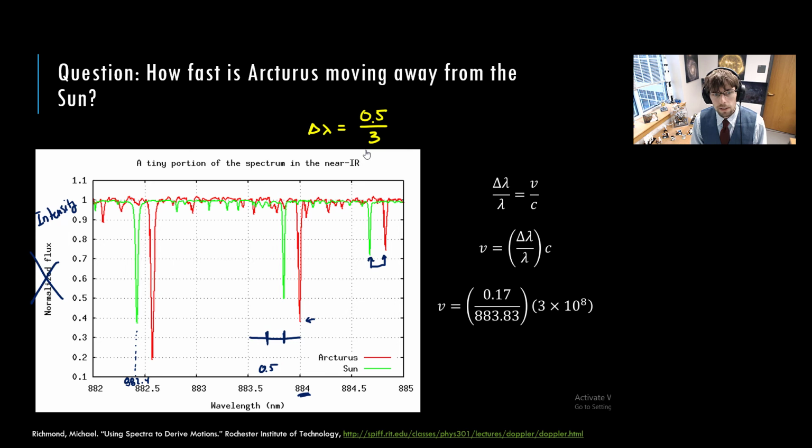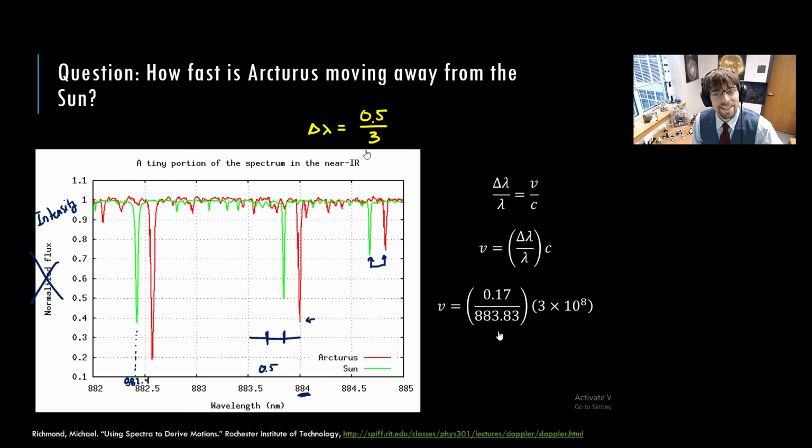Here I will put, oops, I seem to have lost my cursor. I've neglected to put in nanometers here. Down here, we also have nanometers. And we can say, oh, goody. Because I have nanometers in the numerator and nanometers in the denominator, those cancel out.